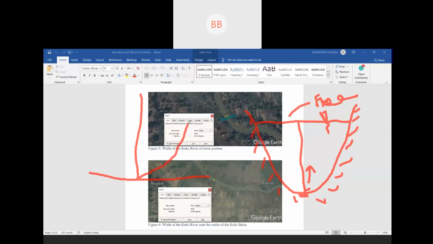But when we come to the free surface, as there is also flow of air, and there is an interaction between the flow of water and the flow of air, your velocity at the surface gets reduced. So when you move from the bottom of the channel to the free surface, your velocity changes in this way.